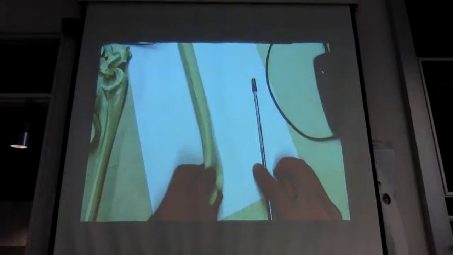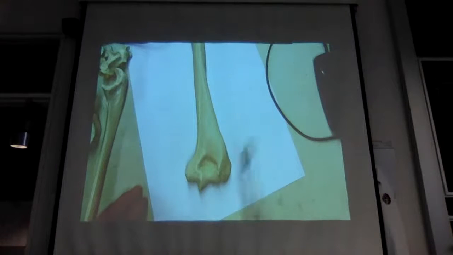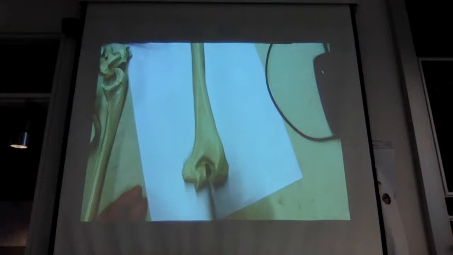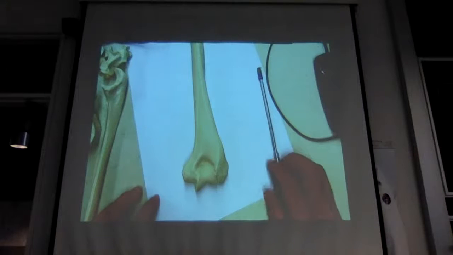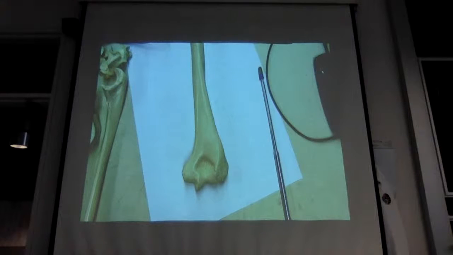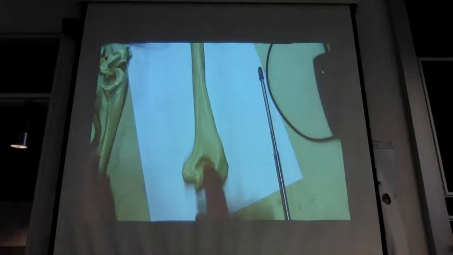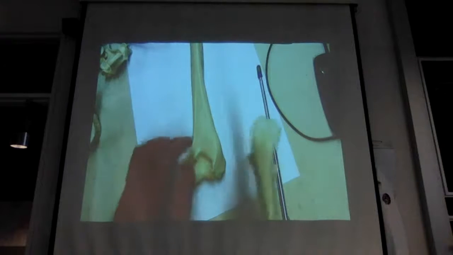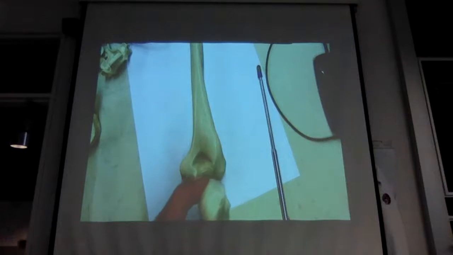On the posterior side, see this big notch? What's a term for a depression? Fossa. What's this region called, the back of the elbow? The olecranon. This is the olecranon fossa. Here's the ulna. What's this protrusion of the ulna called?